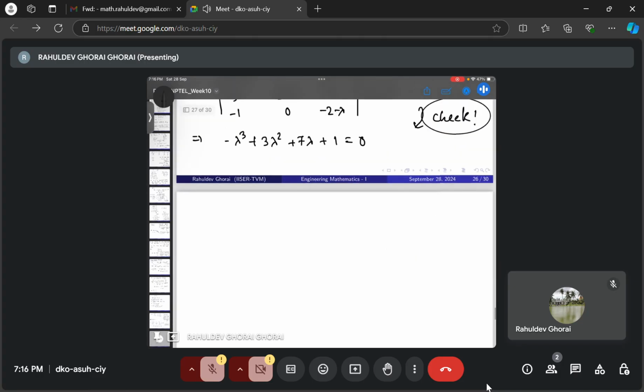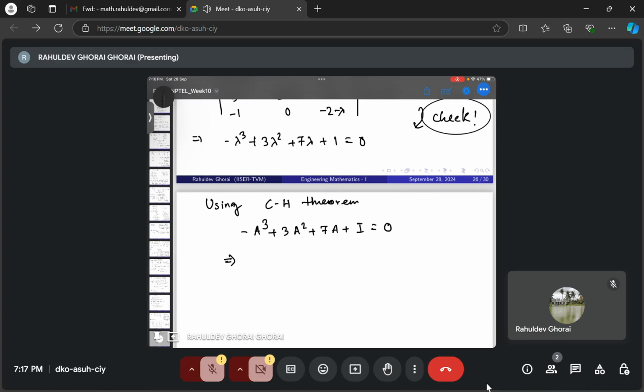Then what will happen? The Cayley-Hamilton theorem says that A has to satisfy this, meaning A cubed plus 3 times A squared plus 7A plus identity is equal to 0, here the zero matrix.